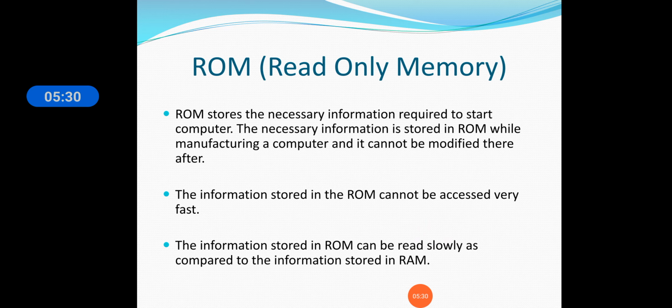Now this is the difference between ROM and RAM. In RAM you can access very fast, but in ROM it is very slow. You can read the information, but you cannot modify it.